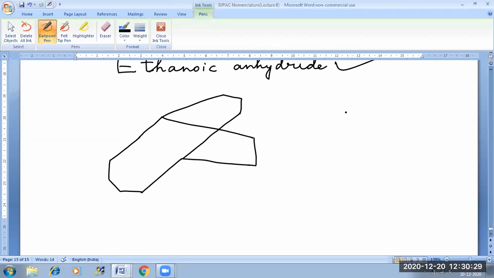Then, once we have identified the compound as a bicyclo compound, what is the next step that we look at? Find the bridgehead. Find the bridgehead carbon atoms. This is another bridgehead carbon atom.